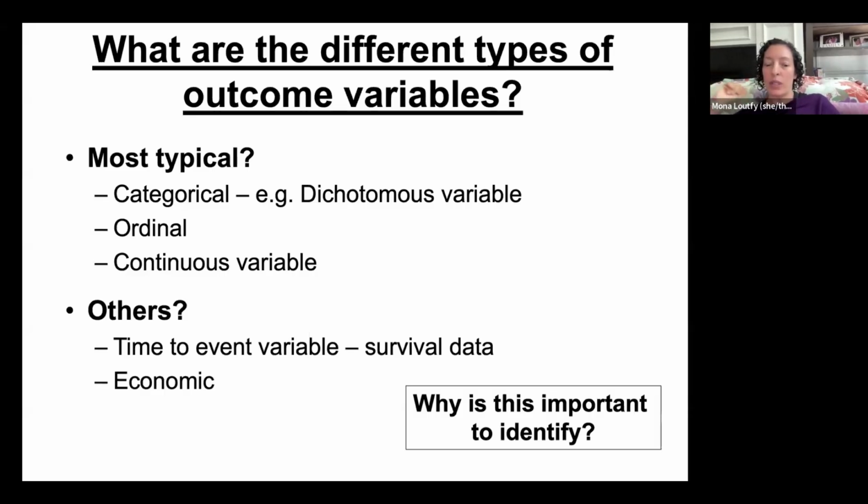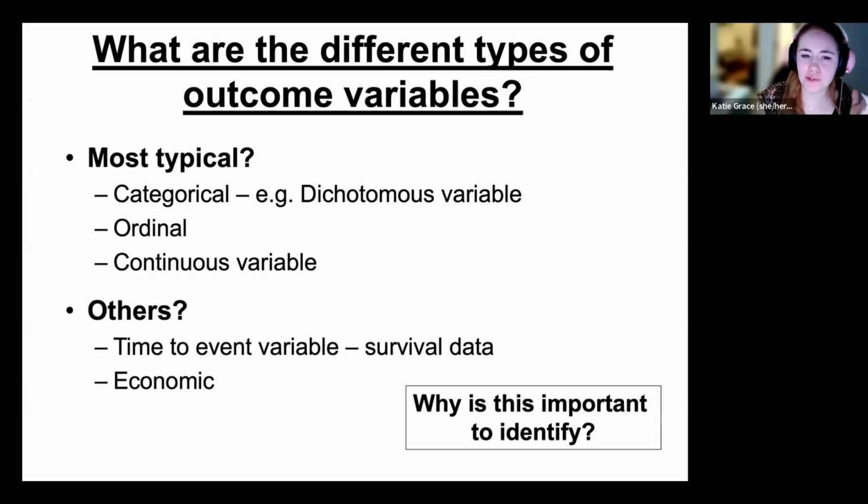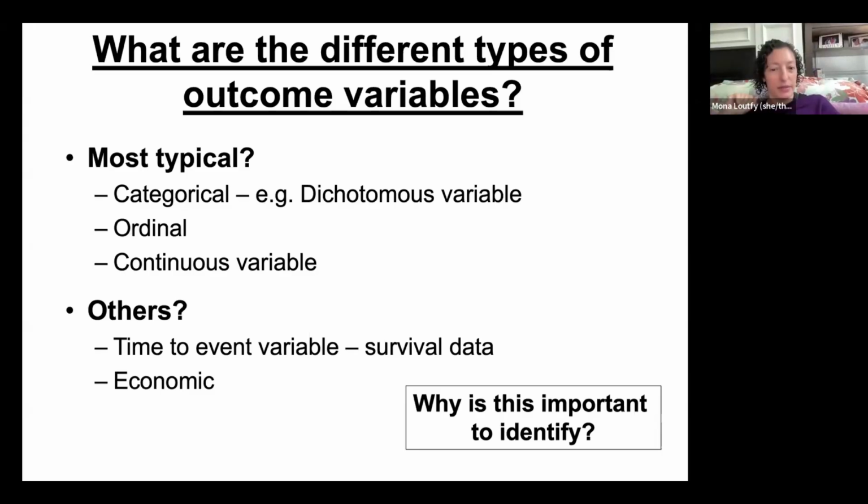So who can tell me what type of variable CD4 count is? I think technically it's continuous, but you would usually make it categorical by putting under 200, 200 to 500, or over 500. Exactly, right? So usually it's a continuous variable. Exactly. But you can convert it to a categorical variable, exactly as was said.